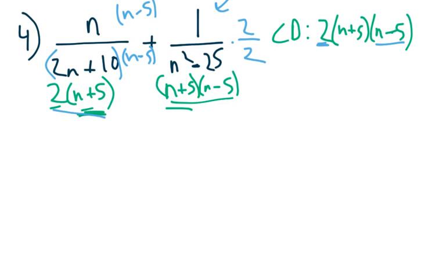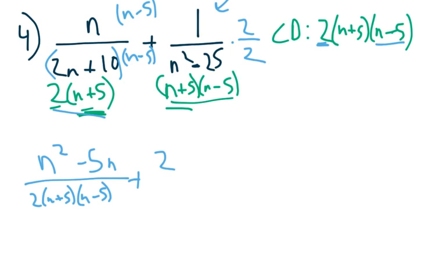So when I multiply, I'll get n squared minus 5n, and that's all over 2 times n plus 5, n minus 5, plus 2 over 2 times n plus 5, n minus 5.